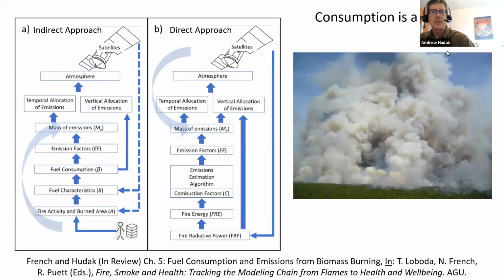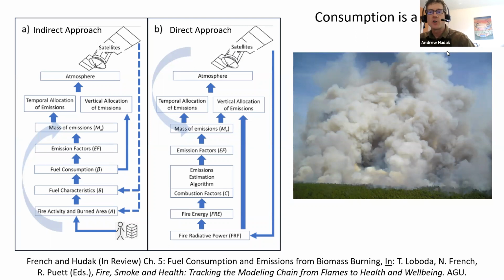So to summarize how to estimate consumption, I'm introducing these ideas of the indirect versus the direct approach. With the indirect approach, we're using model-based estimates to get at the fuel loads and then modeling how much of that fuel burns in consumption. Or we're using indirect measurements such as from LiDAR pre and post fire point cloud data.